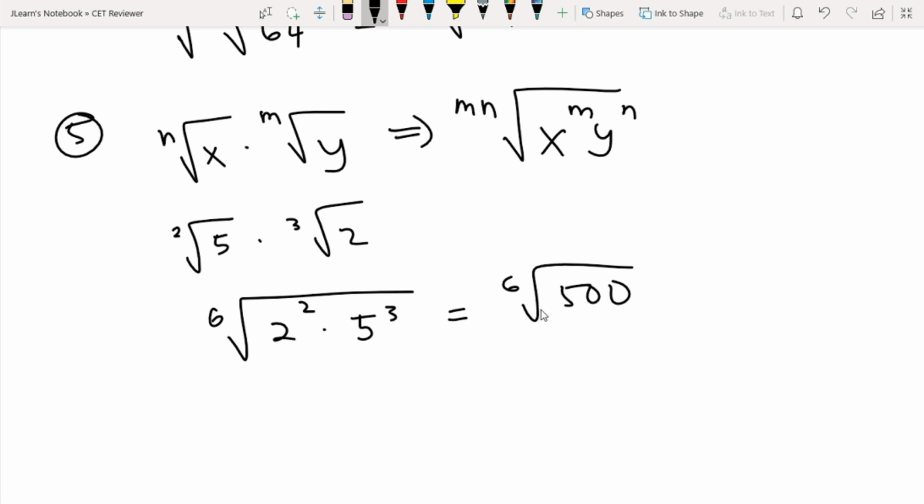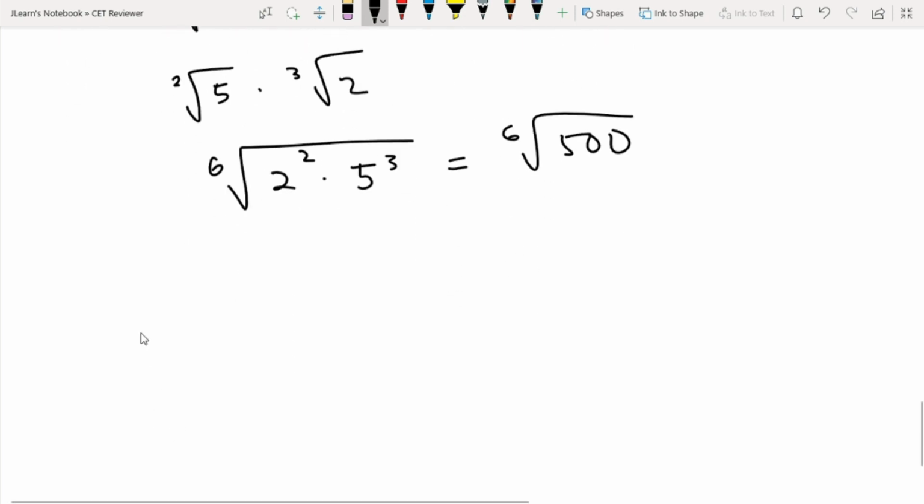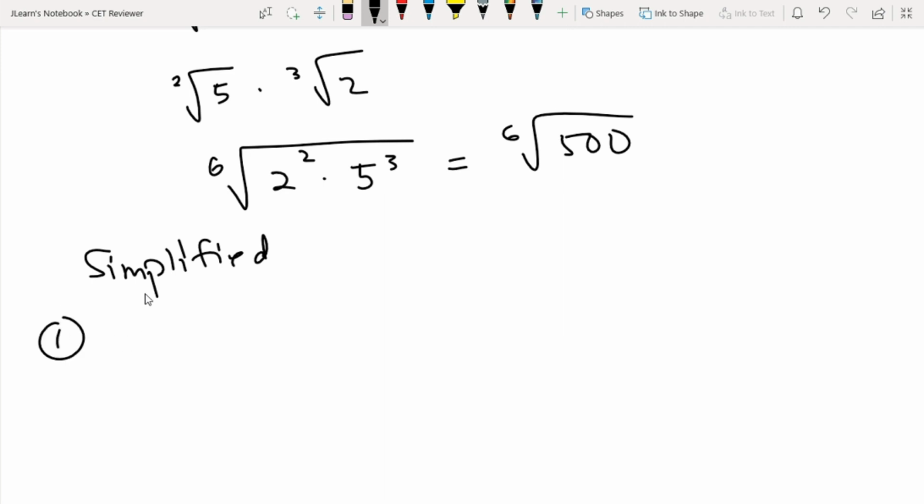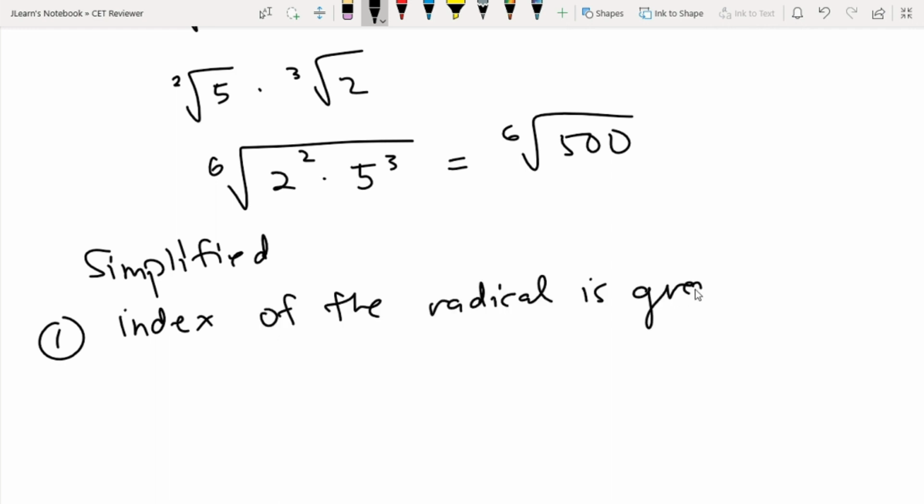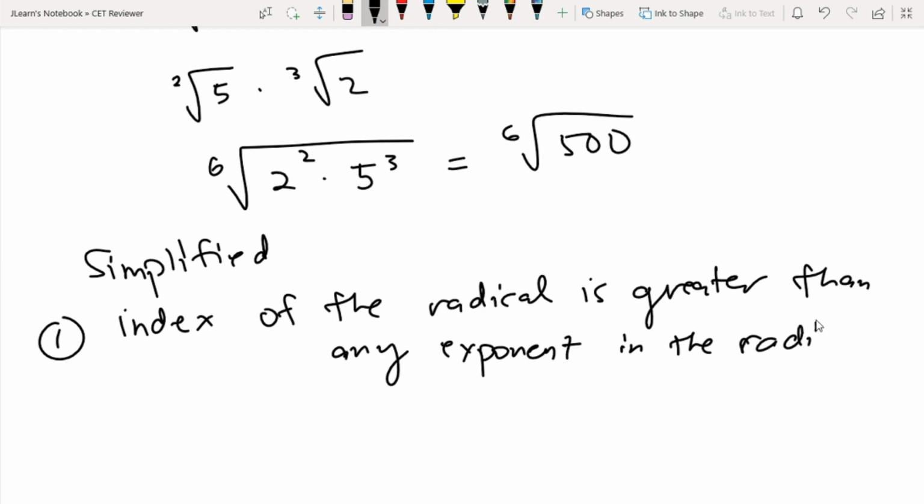Okay? So, just some notes, no? In college entrance exam, kailangan always in simplified form ang mga sagot natin, no? So, paano natin masasabi kung nakasimplify na yung radical natin, no? So, the first thing is that the index of the radical is greater than any exponent in the radicand.